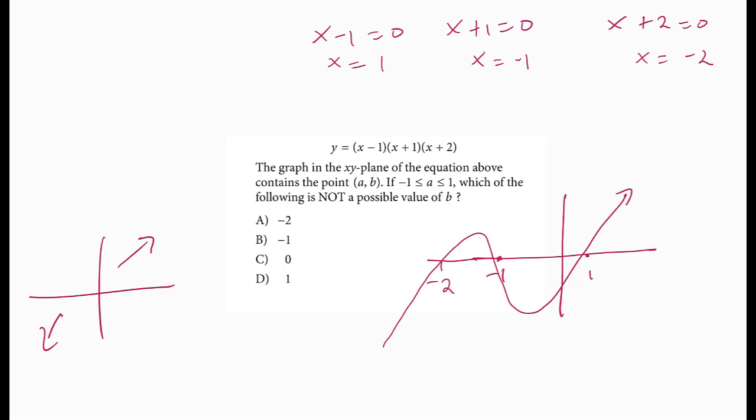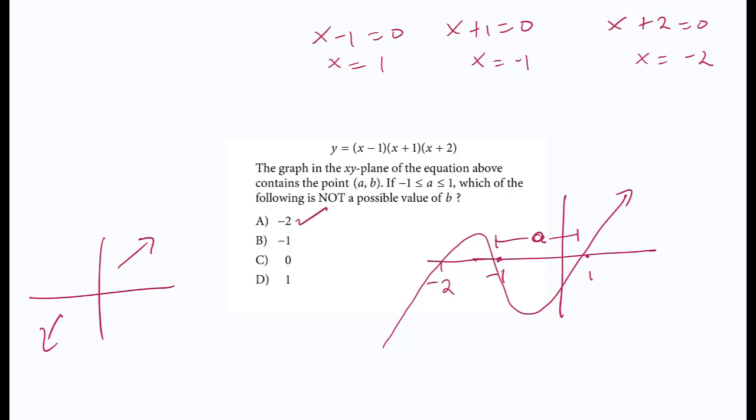Now what we need to be mindful of is that A and B form an ordered pair, which means A is x and B is y, and those are values that are on the graph. So we understand that A is between these two values, which means the x value for the coordinate is between -1 and 1. Here we understand that the graph is below the x-axis. So -2 would be below the x-axis for the y value, so -2 is okay.